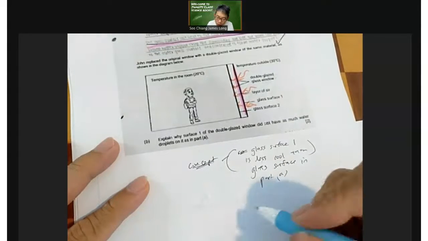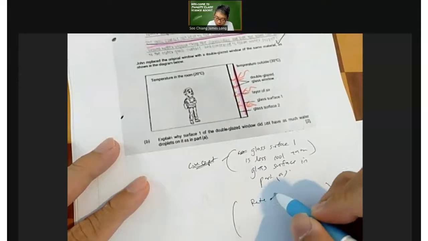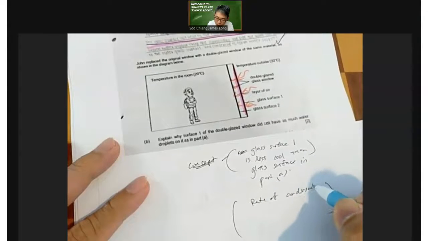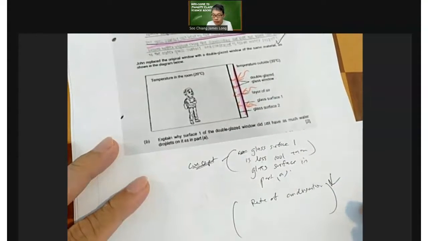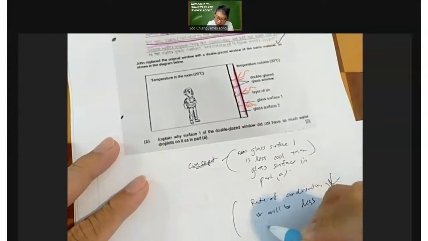Why is it less cool? So what happens when it's less cool? So the rate of condensation will decrease or will be less than in part A.